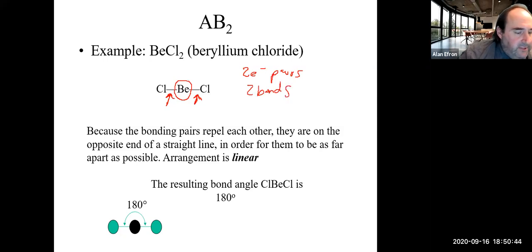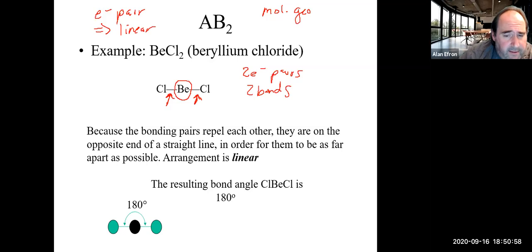So something that you draw that has two electron pairs and two bonds, the electron pair name, or geometry, is linear. The molecular geometry, or shape, is oddly also linear.